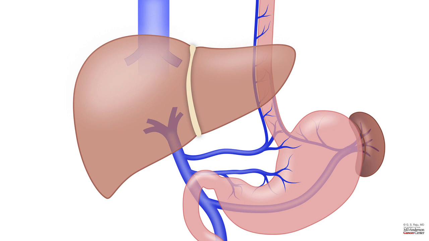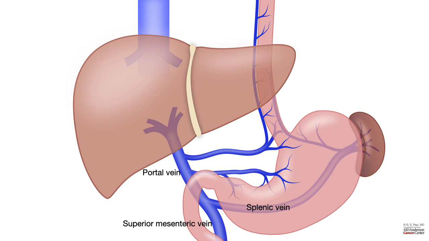So let us see the different veins of the portal venous system that allows the drainage of the stomach, small intestine, and colon. So the first big vein that goes from the spleen is the splenic vein that joins the superior mesenteric vein that basically drains the small intestine and portion of the right colon, and they form the portal vein, and the portal vein enters into the liver.